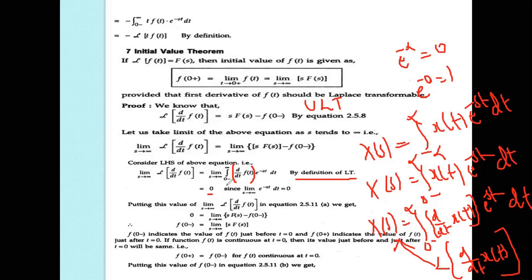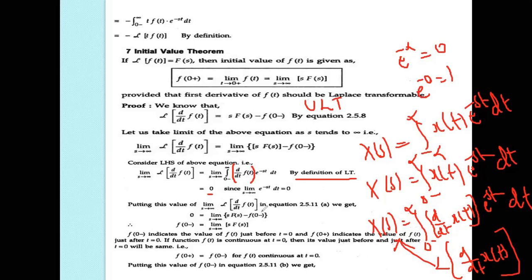Substituting the s value as infinity, it becomes 0. So LHS is equal to 0. Now you can substitute this 0 value: the Laplace transformation of d by dt of f of t is 0, that is equal to limit s tends to infinity, s into F of s minus f of 0 minus.